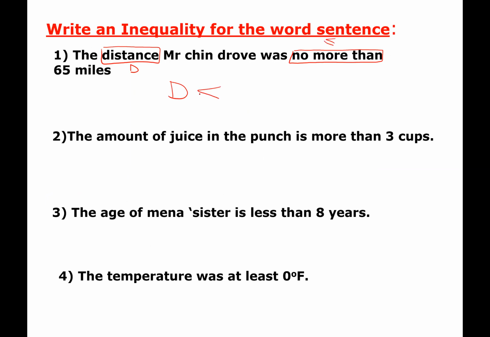So d is less than or equal to 65 miles. Excellent. The next question. The amount of juice in the punch is more than 3 cups. So more than is our keyword. The amount is our variable. So I'll put an A for the amount of juice. So A is more than 3 cups.